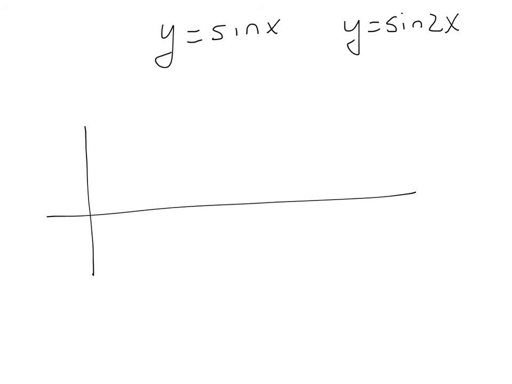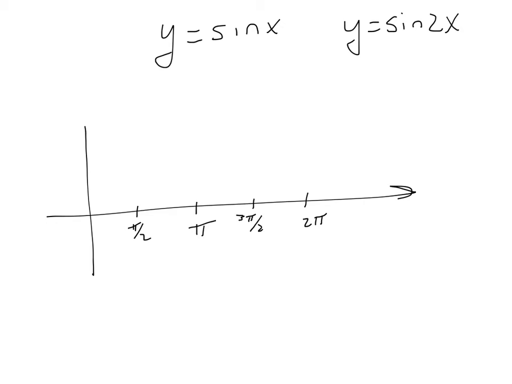We're going to look at y equals the sine of x and compare it to y equals the sine of 2x. For y equals the sine of x, we already know this is my 2 pi, my pi over 2, and 3 pi over 2.